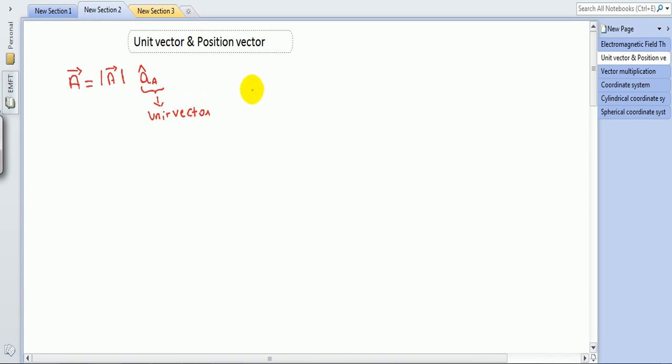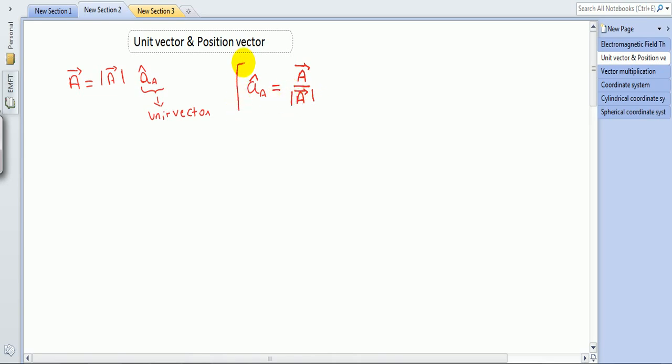So we can simply say that a unit vector is a vector which is having magnitude unity, and it is along the direction of the given vector, and it can be found out by this formula, which is a vector divided by its magnitude.